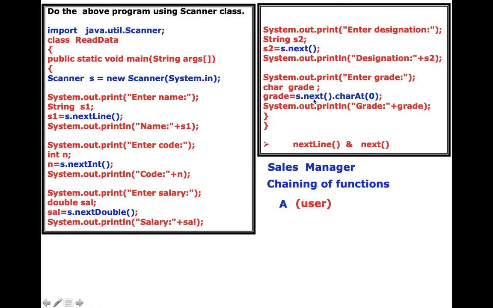Now you already know what next will do. So next will read A, but as a string. See carefully that this A has now become a string. Only this part, where my mouse pointer is moving, has become a string, and that is string A. So this has become A dot charAt(0).